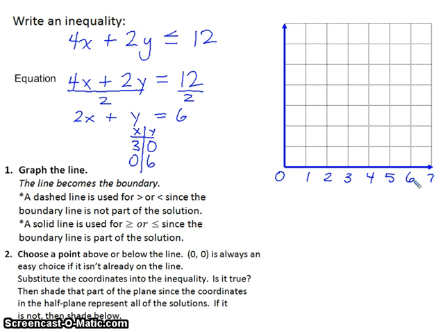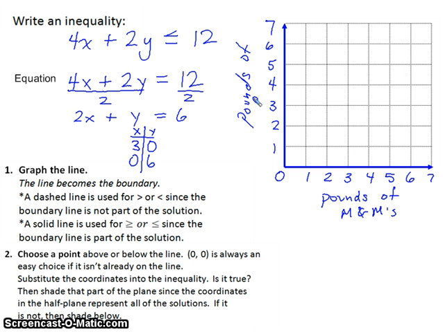And this axis represents the pounds of M&Ms, sorry. And this axis represents the pounds of pretzels. And we'll label our graph as party mix.